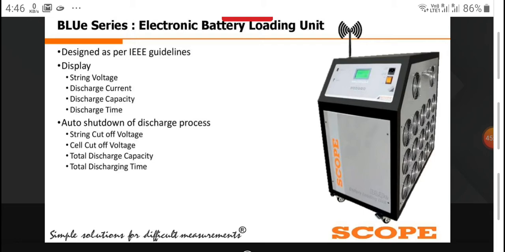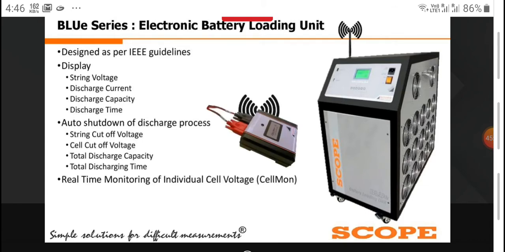So if the string cutoff voltage is achieved, it will go into auto shutdown mode. If one of these four conditions is achieved, then this Blue will automatically shut down the discharge process. So this program is there.